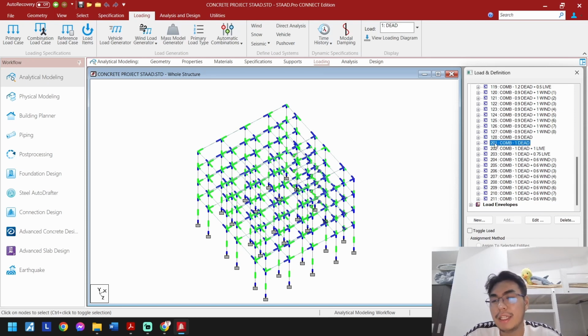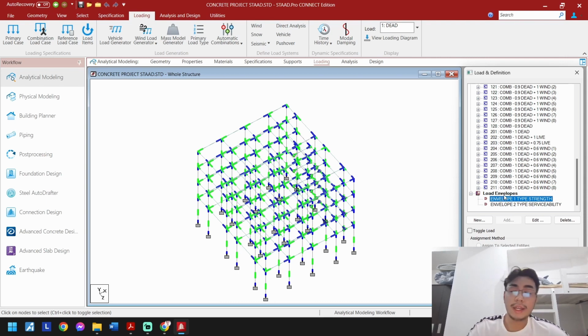Then next, for the WSD, we have 11 generated combinations. And I have decided to group them into envelopes. So the first envelope consists primarily of all the USD load combinations, and the second envelope consists of the WSD load combinations.